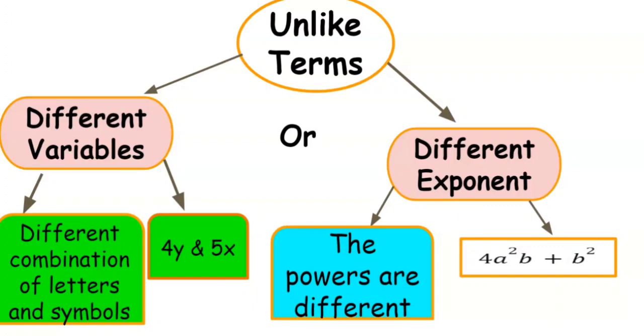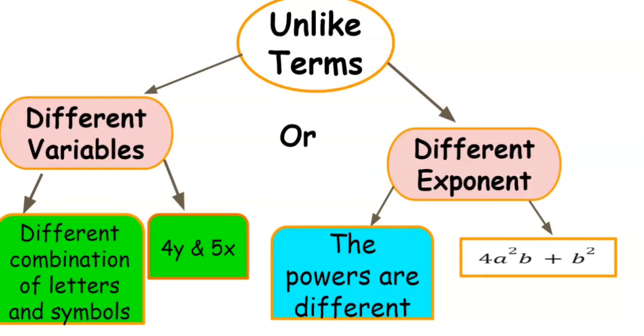Look at this example. We have 4a squared b plus b squared. The variable b seems to be part of each term, but they're not the same because the first term has a squared, while the second term has b squared.